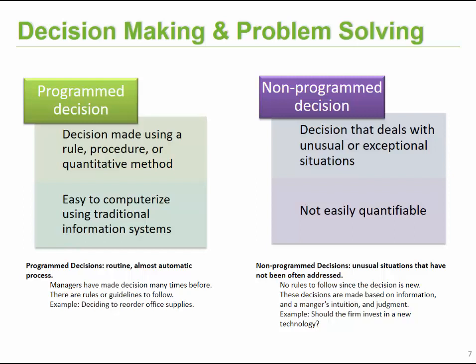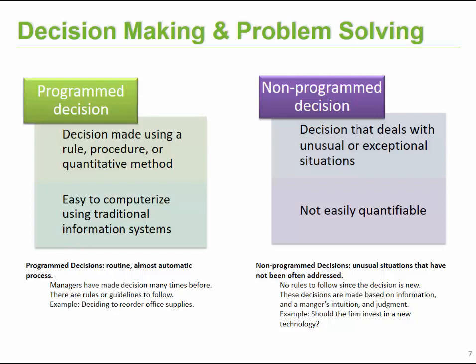Non-programmed decisions are those decisions that are usually happening when we have unusual or exceptional situations. So something weird happens. For example, our company burns down. What now? Do we have backup facilities? Do we need to arrange new facilities, new buildings, new hardware, software, office supplies, etc.? So these are typically things that we can't really make provision for, that isn't easily quantifiable.